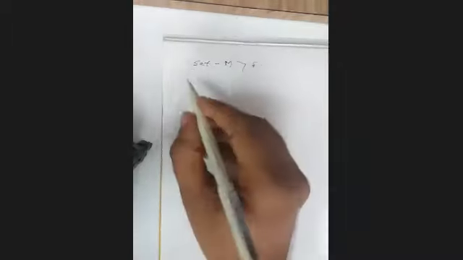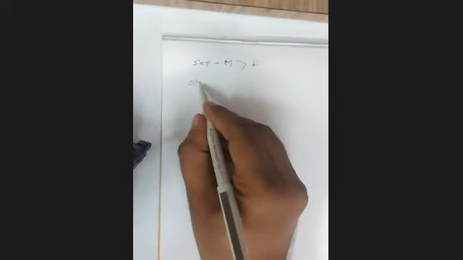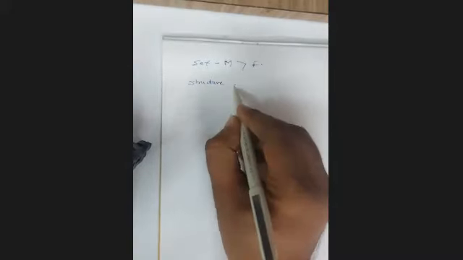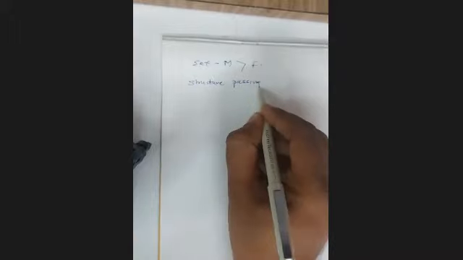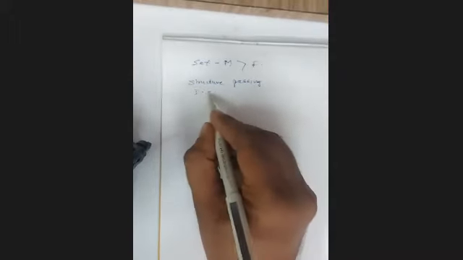What are the structures passing through the inguinal canal?